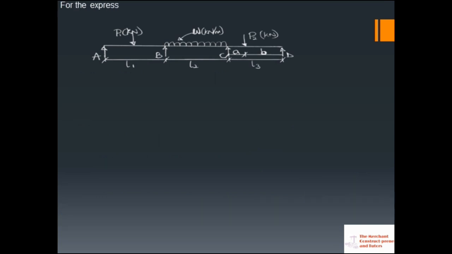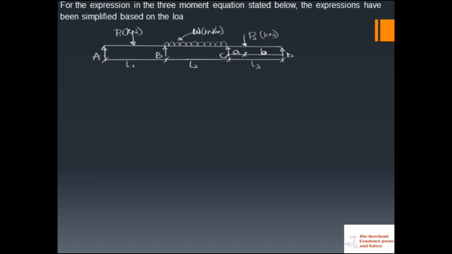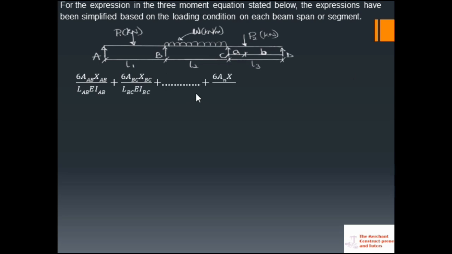Now, looking at this same expression, we want to break down some things. Instead of calculating centroid and area from the bending moment diagram, it has been simplified, and that simplification is what we are going to consider here.